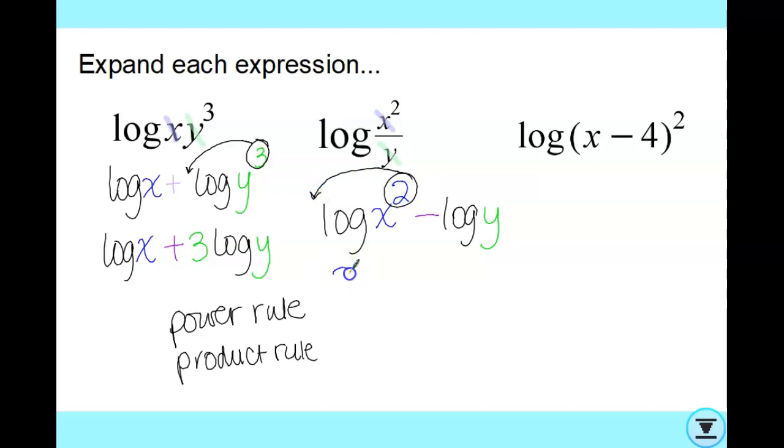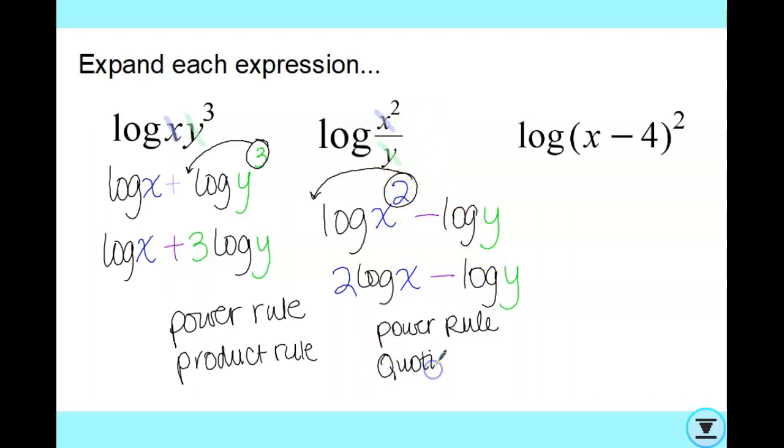So we have 2 times the log of x minus log of y. Again, because of this exponent, this is the power rule. And because of the division turning into subtraction, that is the quotient rule.